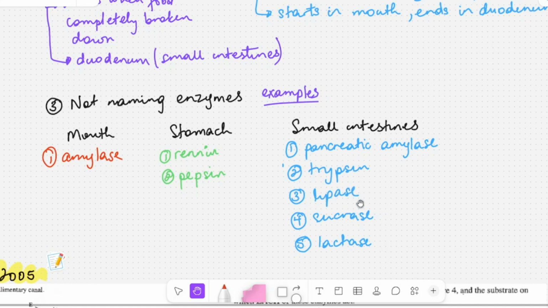So, looking at lipase, ASE means enzyme, and lipase breaks down lipids, sucrase breaks down sucrose, lactase breaks down lactose sugars. So you could look for the easy ones that you could remember simply by the name. Of course, like pepsin, renin, trypsin, those you just have to remember that they are enzymes. But it's very easy to remember some of them because of this ASE that you will get at the end.